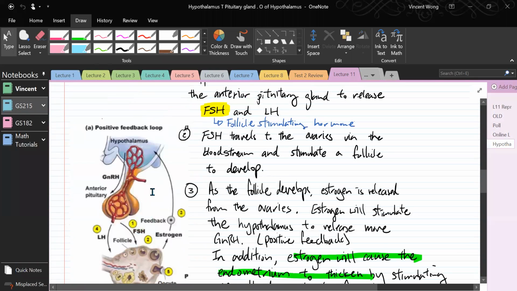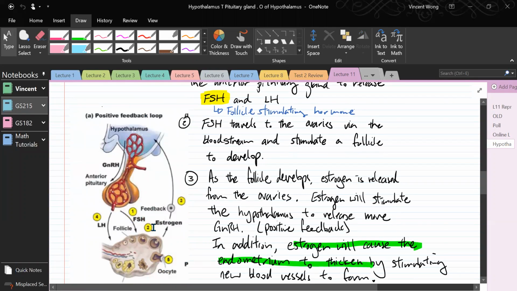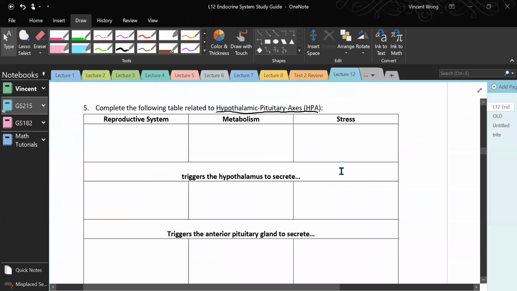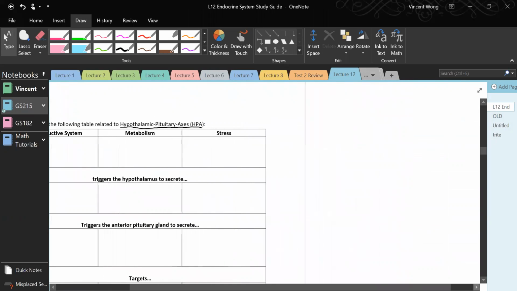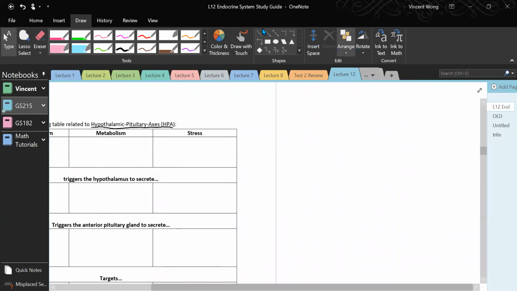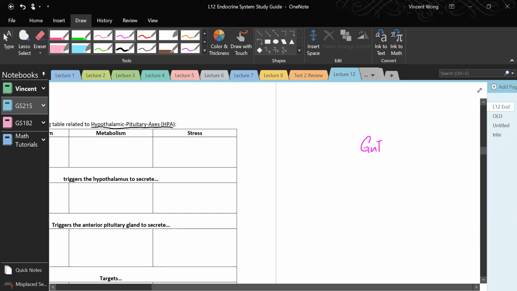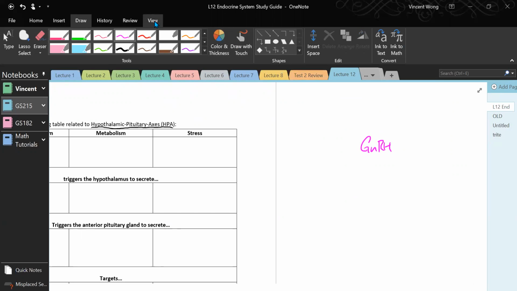So last week we talked about the relationship between estrogen and progesterone and all that stuff, right? So just for the sake of reviewing it, let me quickly write it down here on the side. Okay, you don't have to write it if you don't want to, but let's just take a look. All right, so to keep it simple, we are going to focus on the female system.